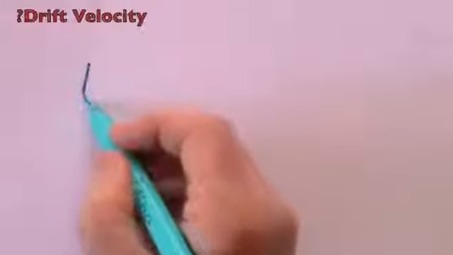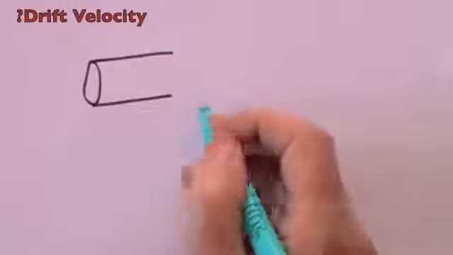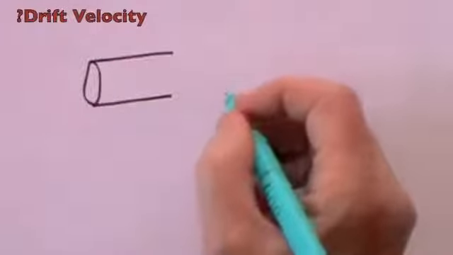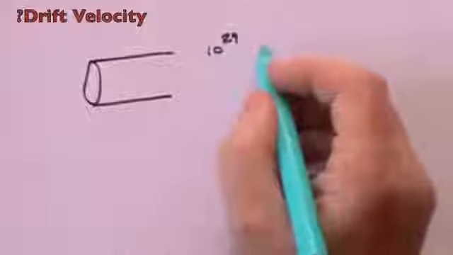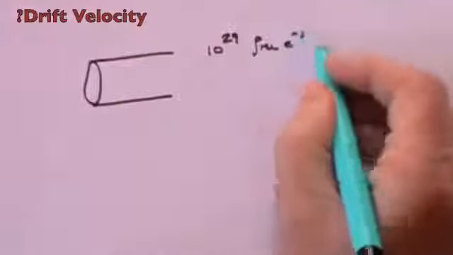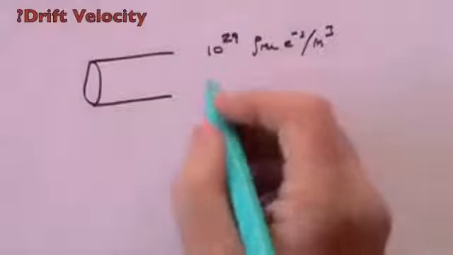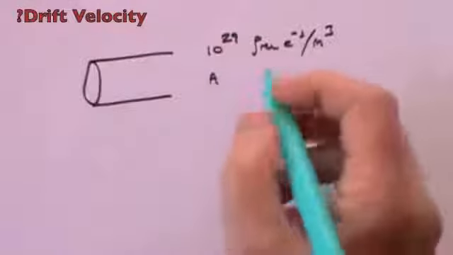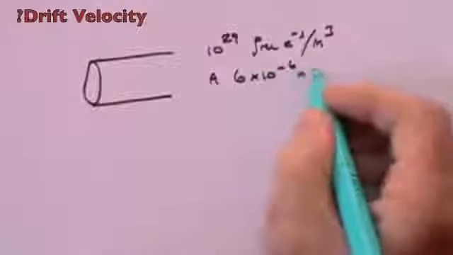Question 2, we are asked to find the drift velocity of electrons flowing through a copper wire, and the information we are given is that copper has 10 to the 29 free electrons per cubic metre. We know that the cross-sectional area of the wire is 6 times 10 to the minus 6 square metres.